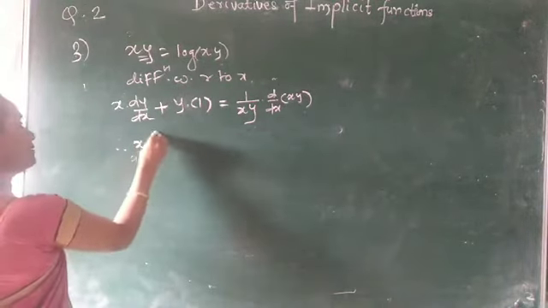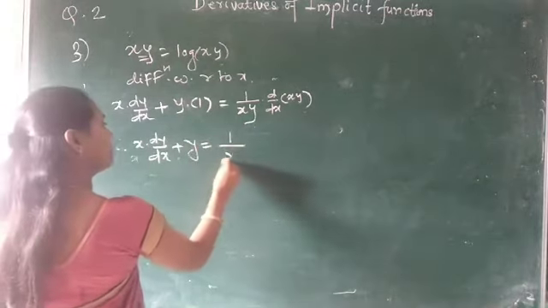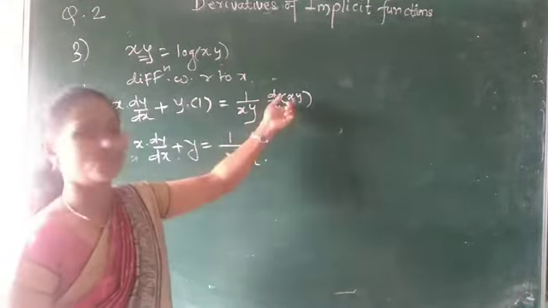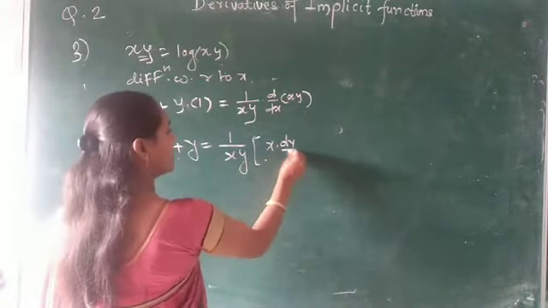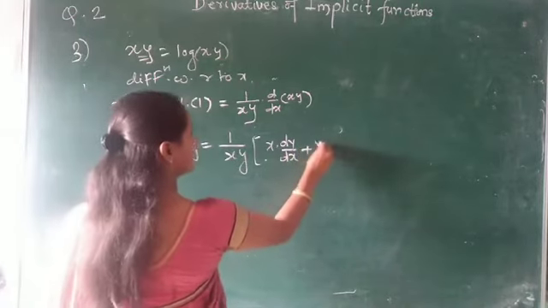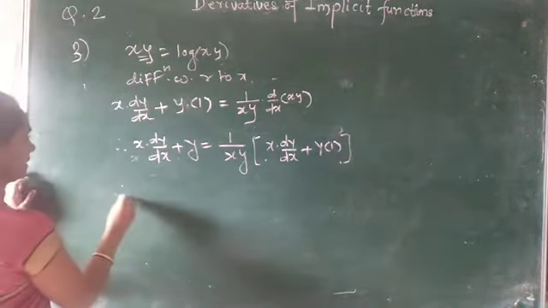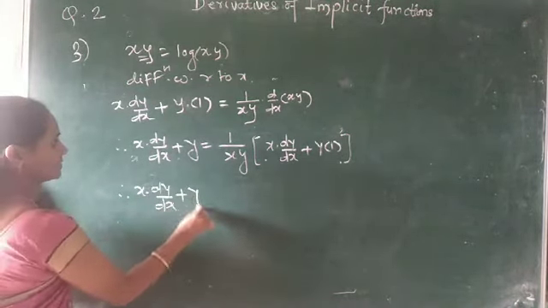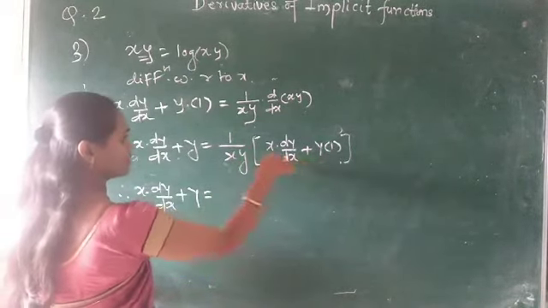Therefore x into dy upon dx plus y is equal to 1 upon xy in bracket. Find the derivative of these two terms x and y: x into the derivative of y, dy upon dx, plus y, the derivative of x is 1. Therefore x into dy upon dx plus y is equal to, now we multiply by 1 upon xy in these two terms.